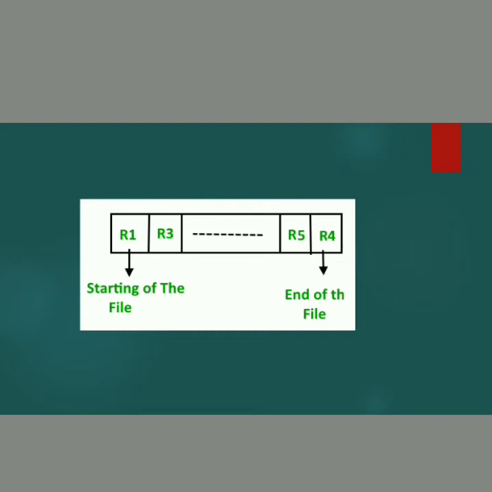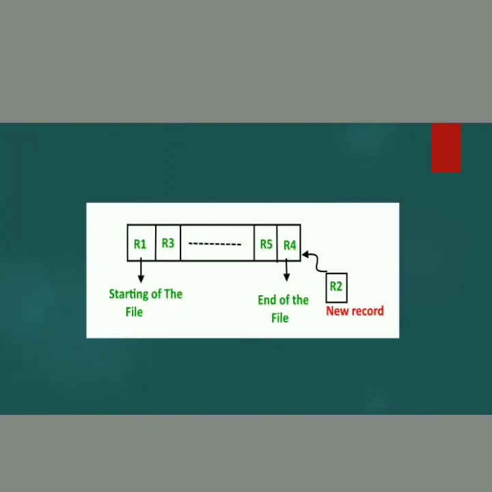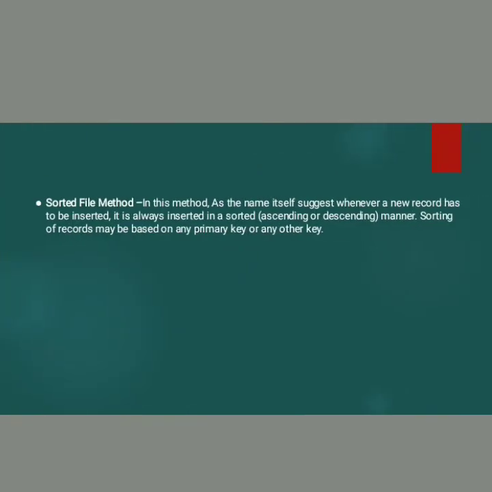Then the records are stored in this format. We can see the start of the file is R1 and the end of the file is R2. It doesn't matter that R2 is not necessarily inserted after R1. So this is called the pile method.